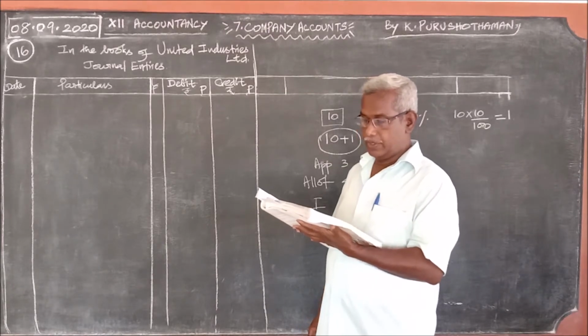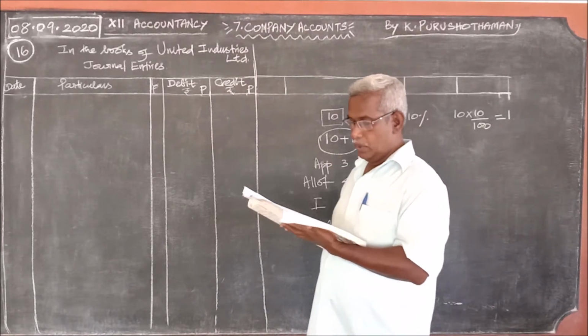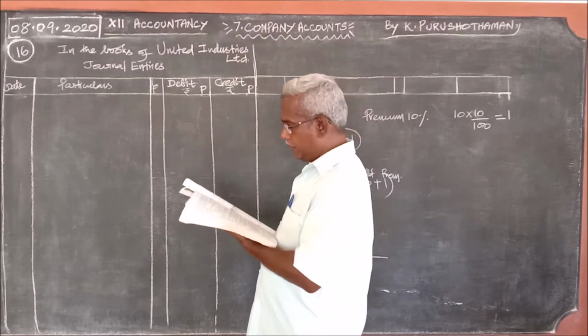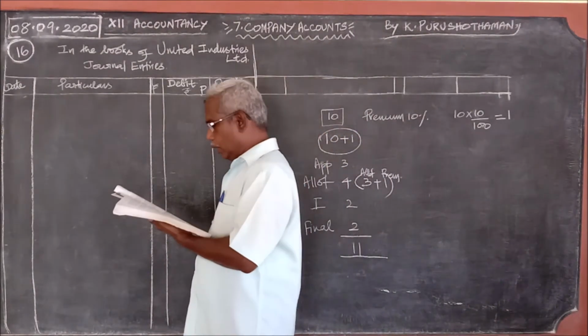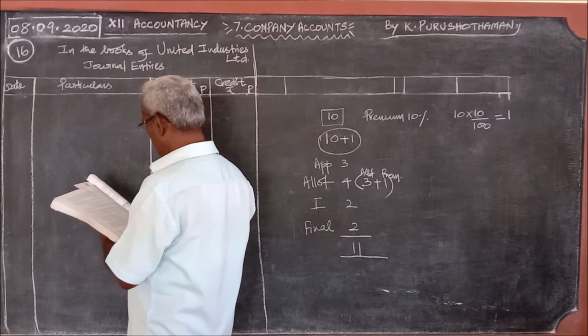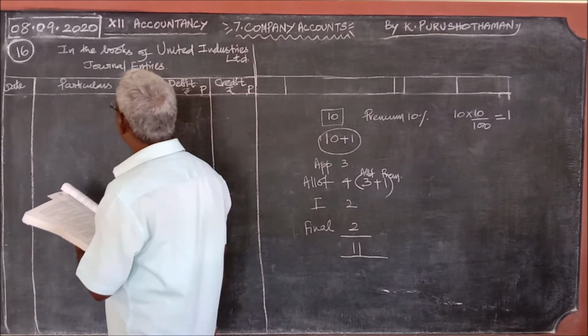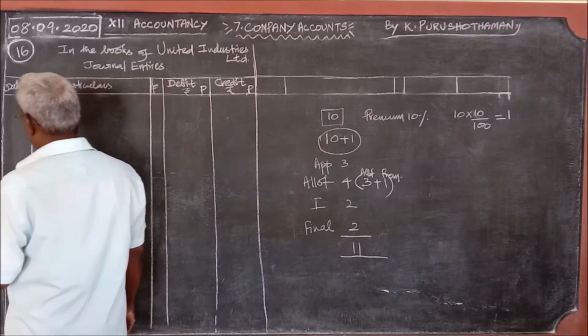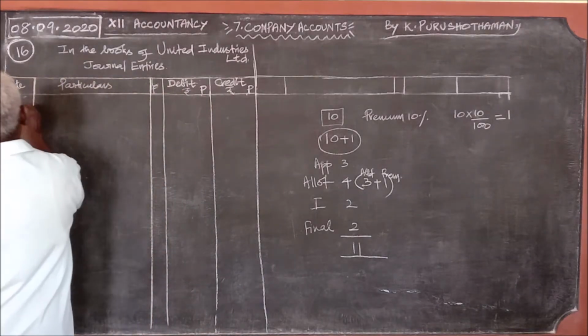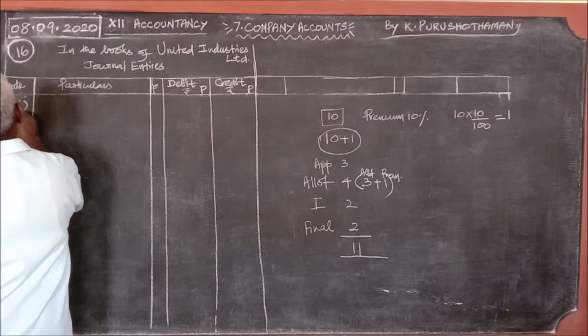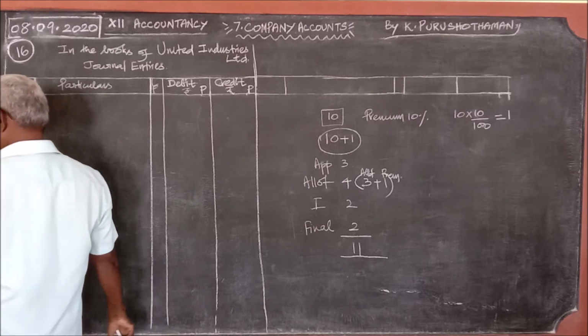The first case: Manoj, who holds 250 shares, failed to pay the second and the final call and his shares were forfeited. What should be the journal entry?